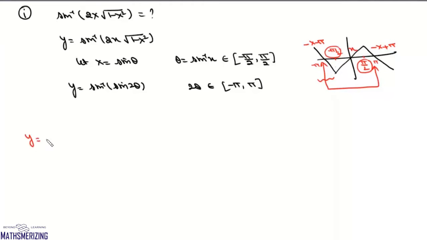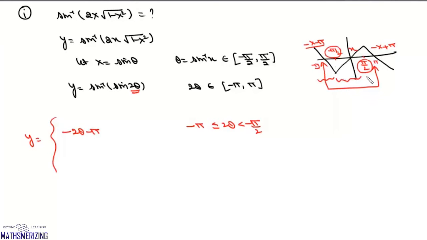So we can write y equals, now this first interval, when 2 theta lies between minus pi and minus pi by 2. In this interval the definition is minus x minus pi. Now here x is 2 theta. So we'll get this as minus 2 theta minus pi.